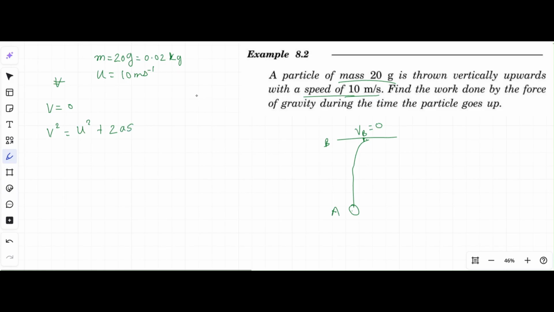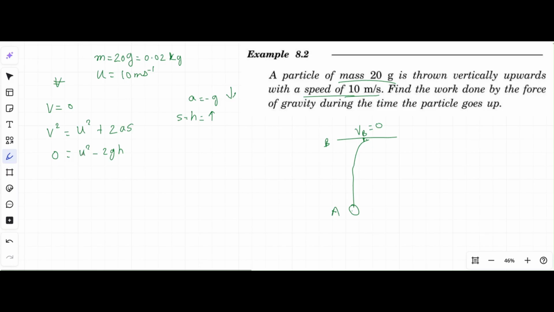Now here acceleration is equal to g, which is in the downward direction, and h is above, in the positive direction. So this thing will become minus. So let us write that u square minus 2gh, as distance is, let us write distance as h, and since v is equal to 0, this thing becomes 0.